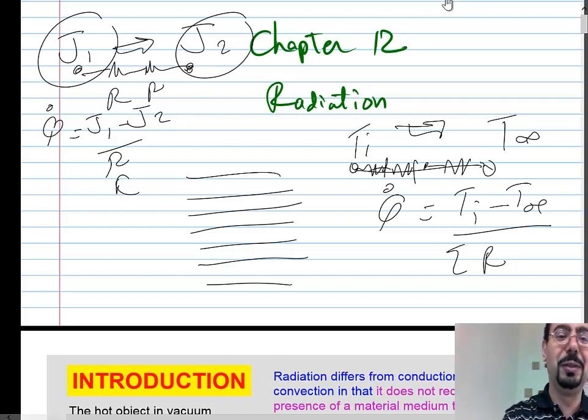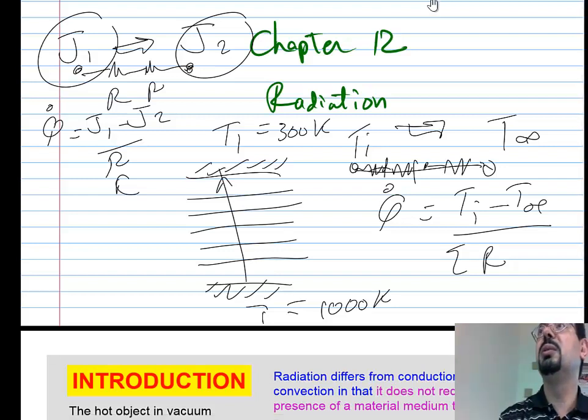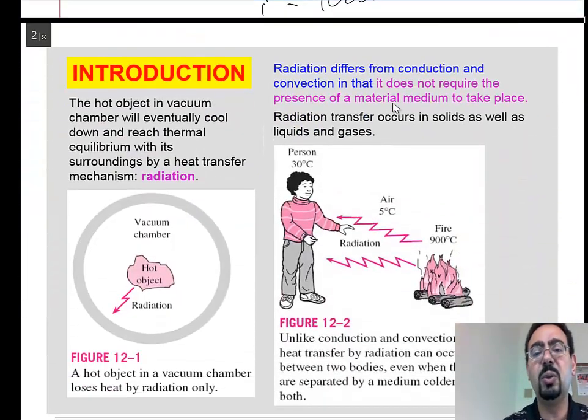So say this wall is sitting at 300 Kelvin, while this wall is sitting at, say, 1000 Kelvin, and you're trying to figure out how much radiation will end up going from one wall to the other. All right? So those are the kind of problems that we'll solve. How much is the Q? It's that J minus that J over the R. So let's figure out now what the J is and what the R is and all those things.